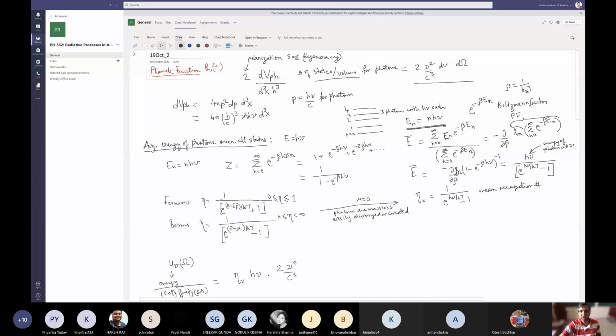And you see these d nu and d omega we have actually divided by, so you can also multiply by d nu d omega on both sides. So you have this as your u nu. Now we can just read off this expression.